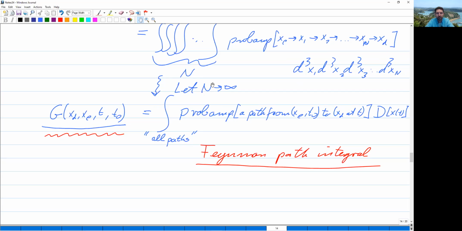And that suddenly makes the path integral a very powerful method. So powerful that it is the method of choice in studies of quantum field theory. Not so much in quantum information yet, but in quantum field theory and particle physics, it's the method of choice.